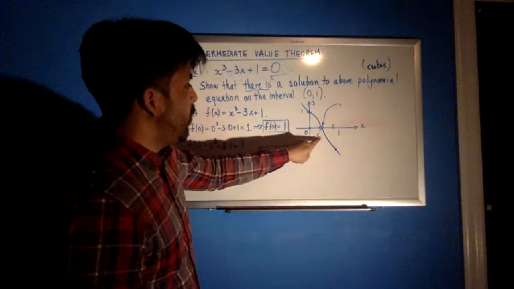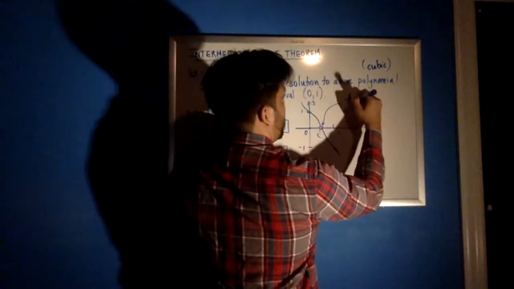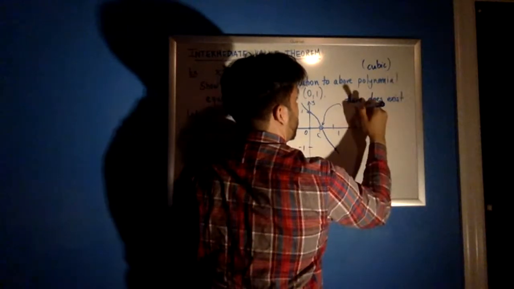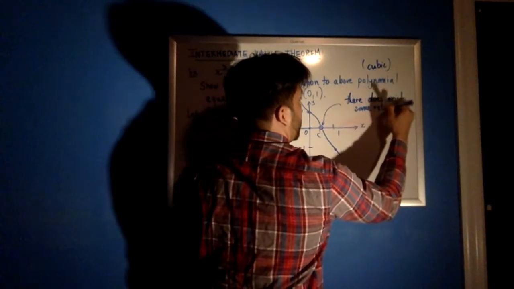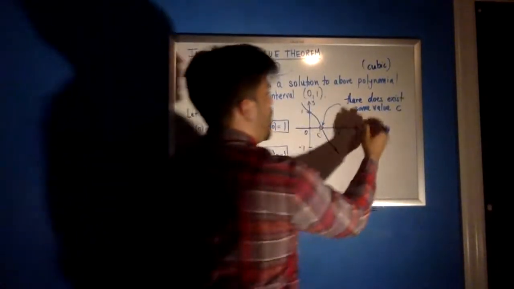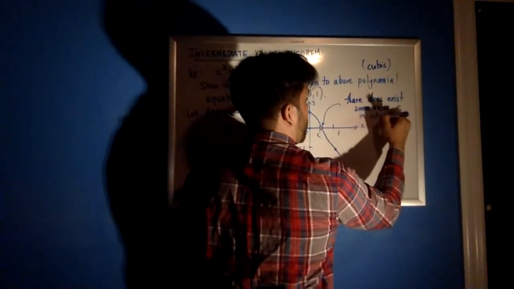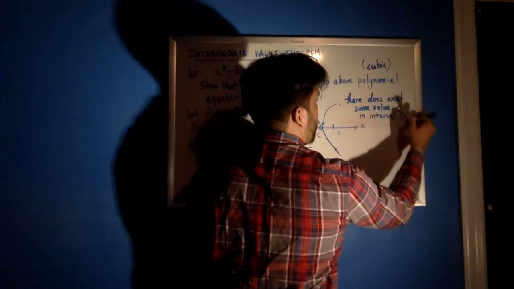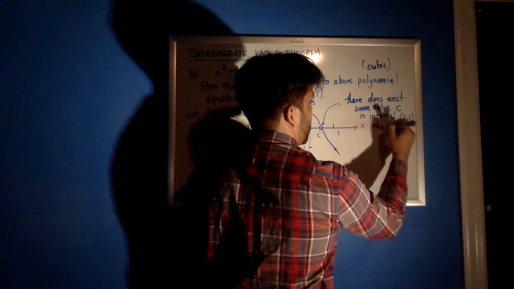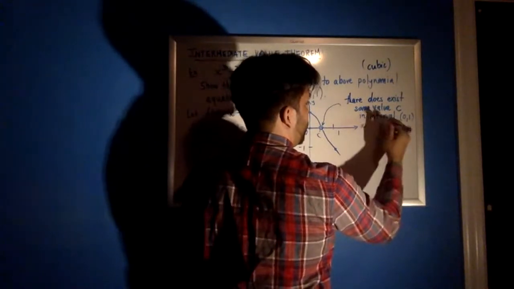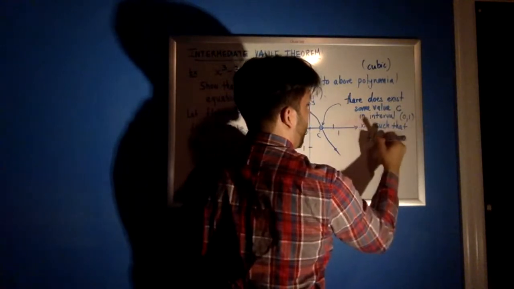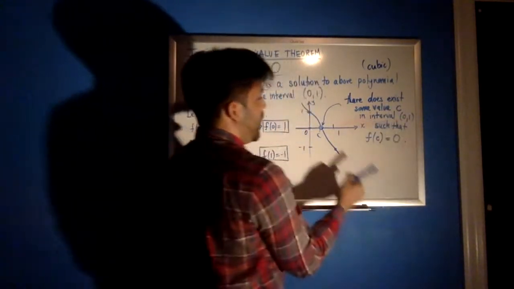So this means there does exist some value C, some constant, in interval 0, comma 1, such that, so we like using the term such that a lot, such that f of c equals 0, which means what?